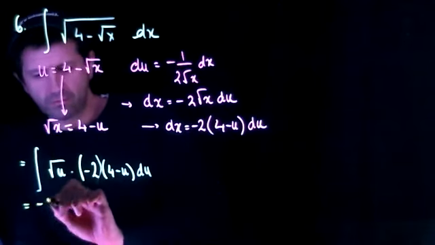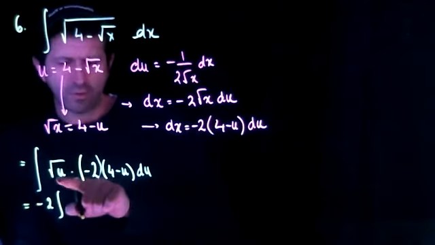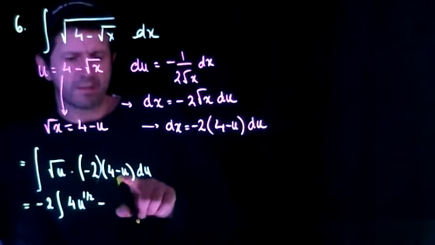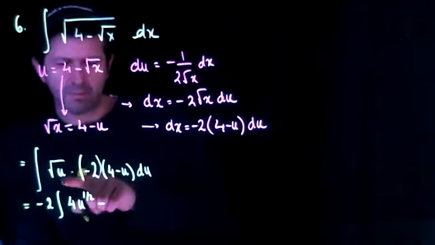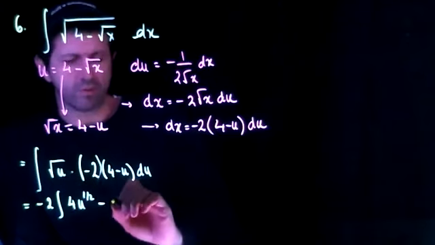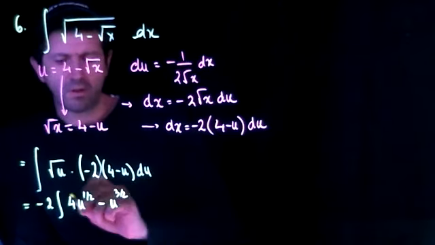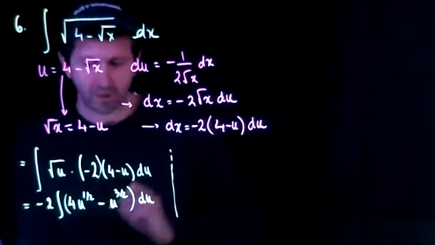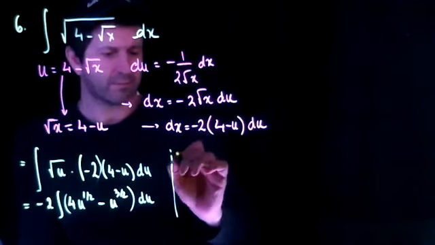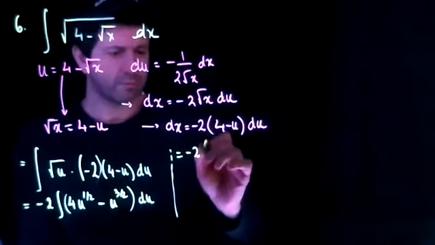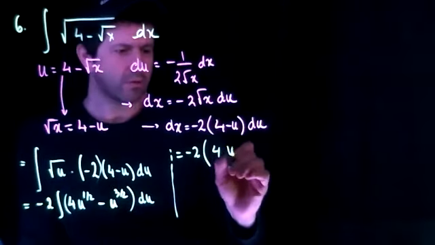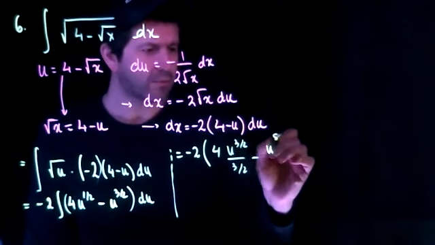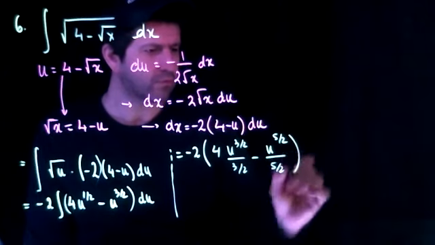Pull out the minus 2, integral of root u times 4, so it's 4 times u to the half, minus u times root u, which is u power 3 over 2, du. Continue here. I find the antiderivative now: negative 2 times 4 u power 3 over 2 over 3 over 2 minus u power 5 over 2 over 5 over 2 plus c.